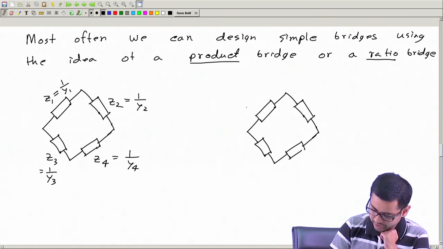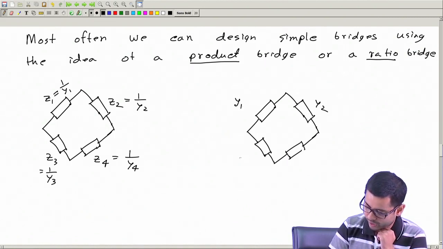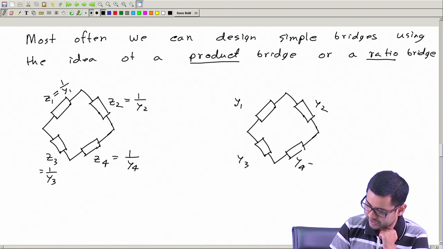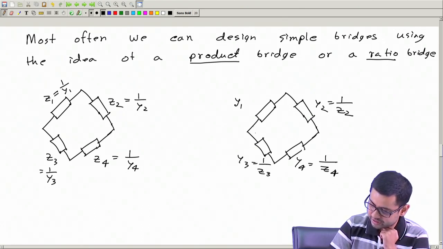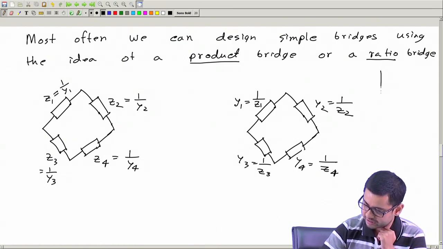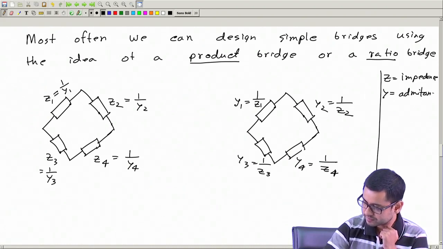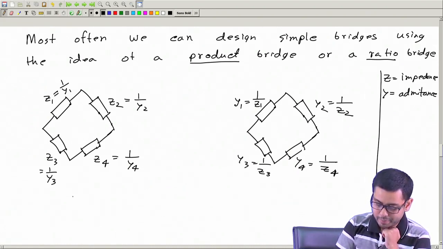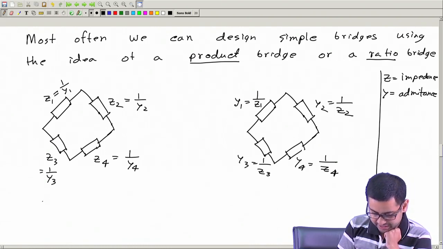Same bridge I am drawing here. So, the admittances are Y1, Y2, Y3, Y4, they are nothing but 1 over Z4, 1 over Z2, 1 over Z3, 1 over Z1. So, by notation Z impedance and Y admittance.